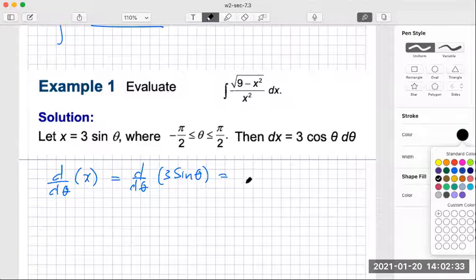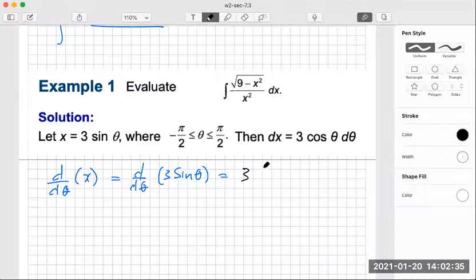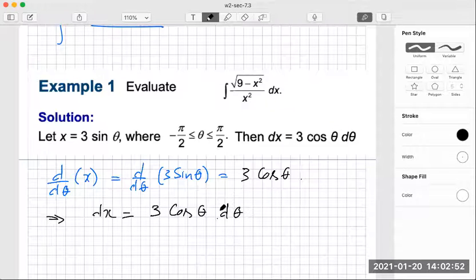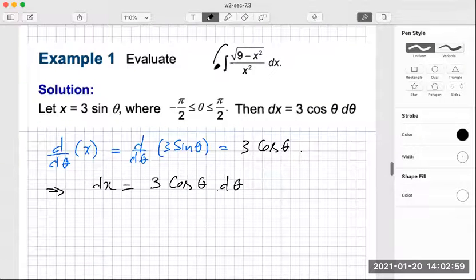Yes, 3 cosine here. Very good. Therefore, dx is, what is it? Very good. We have the relation here, right? Then, okay, let us write everything here in terms of theta and see what happens.